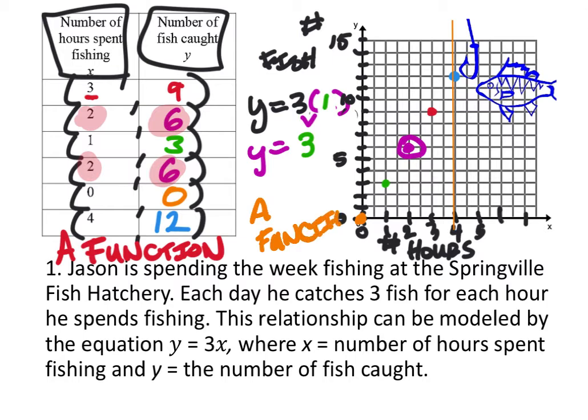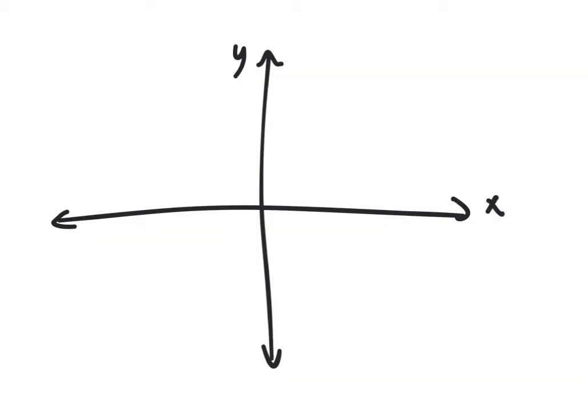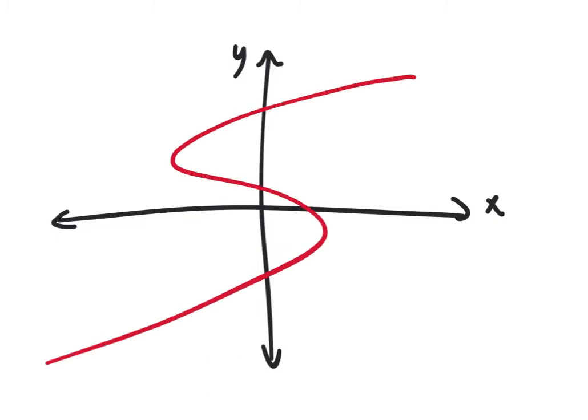Now you may ask, well, how do we know on a graph if it is not a function then? Let's look at an example. So you could look at a graph like this one, and you can only look in the first quadrant if you want, but we've got all 4 quadrants on this one. So if I looked at a line like this, we've got our vertical line, right?